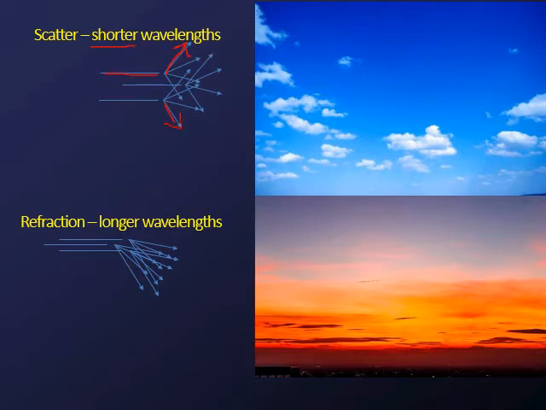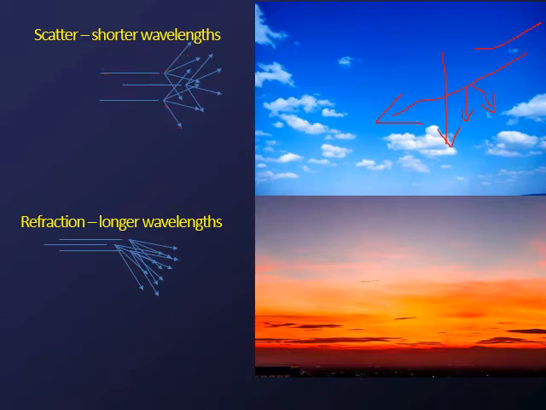And blue does this more than longer wavelengths. So as the sunlight, which is coming from space, is shooting through our atmosphere, the blue light ends up bouncing off particles and coming to your eyes, which makes the sky look blue. And the rest of the light just keeps passing straight through the atmosphere.